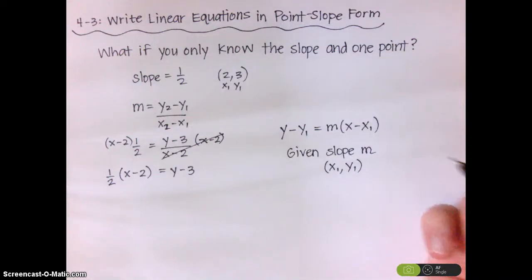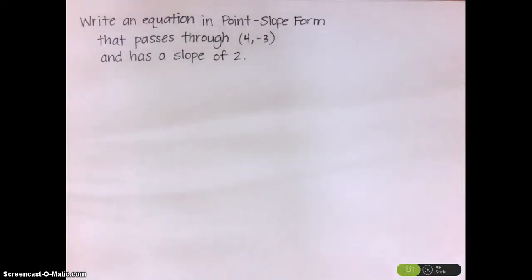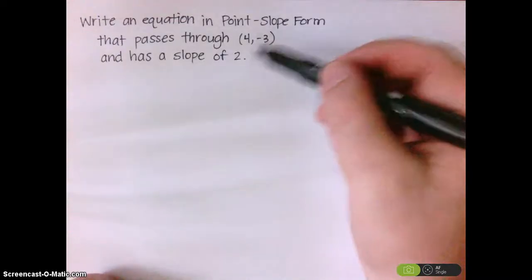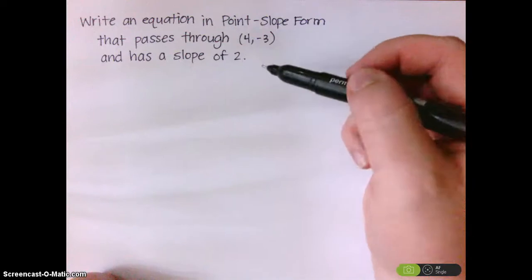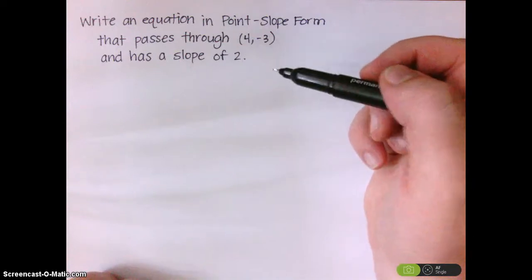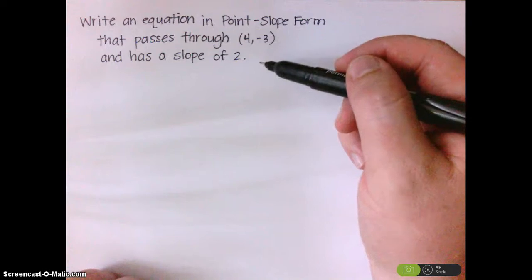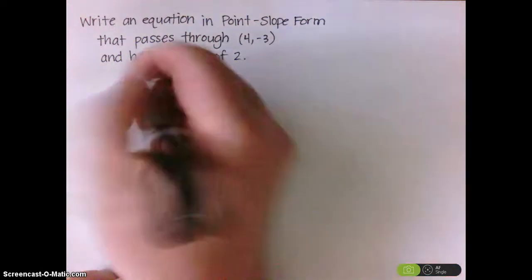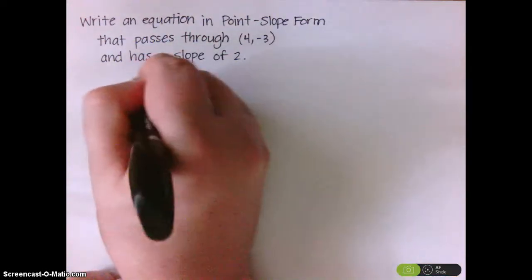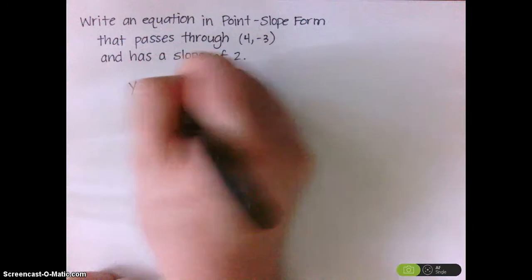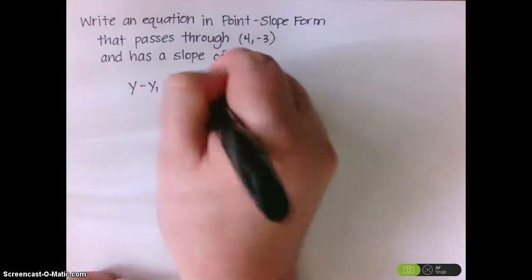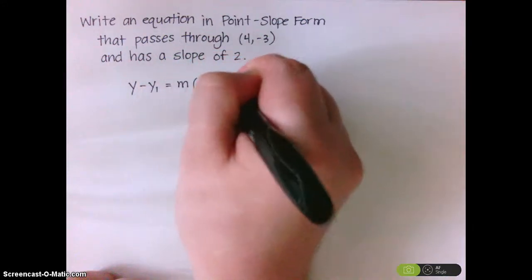We're going to do this again, but this time you're going to be given one point, and you're given one slope. And let's try to write an equation in point-slope form that passes through (4, -3) and has the slope of +2. So let's use that general form, y minus y1 equal to m times (x minus x1).